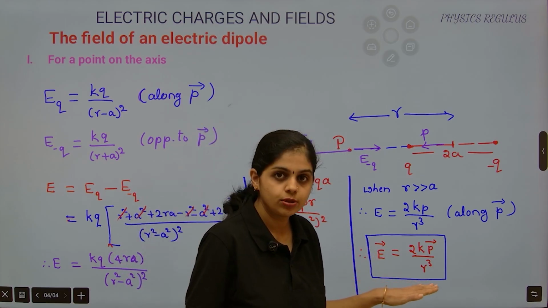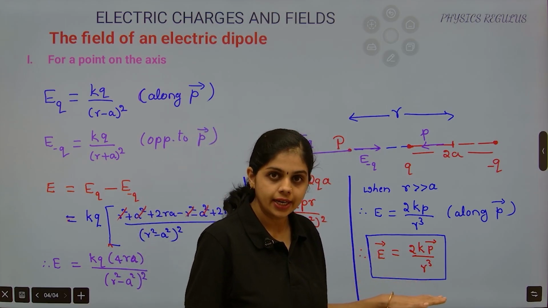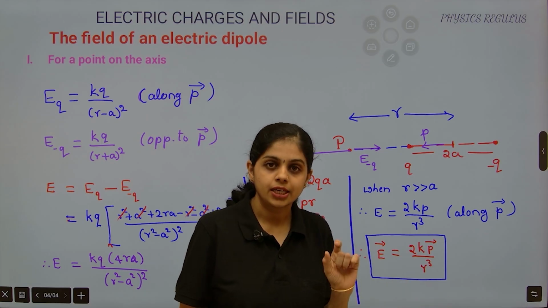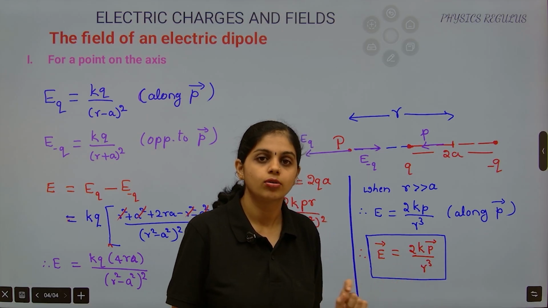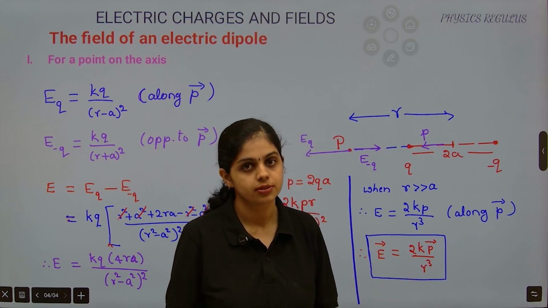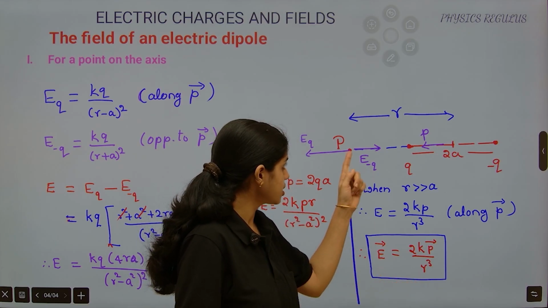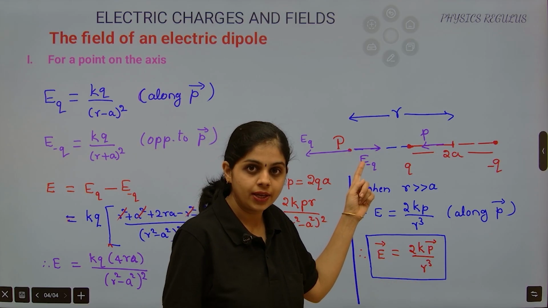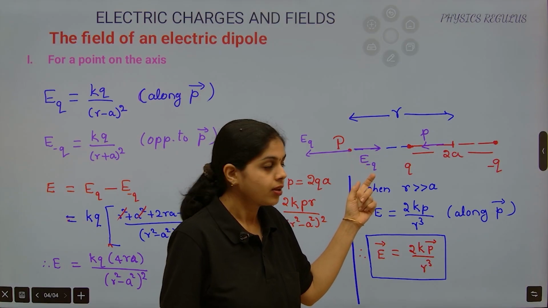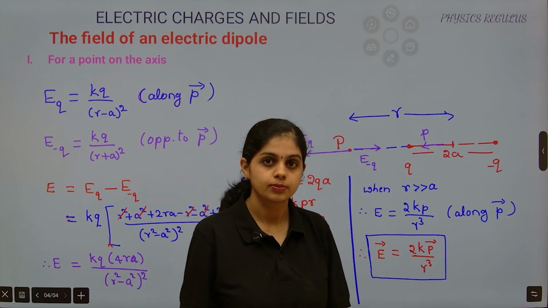Here there is no negative sign. It indicates the direction of the electric field is along the direction of dipole moment. This is the final expression for the resultant electric field at point P on the axis of the dipole.